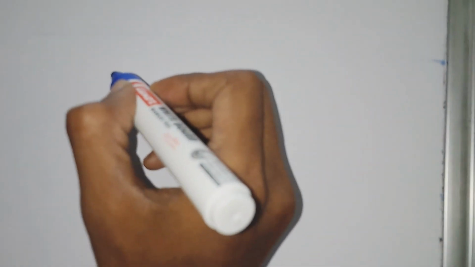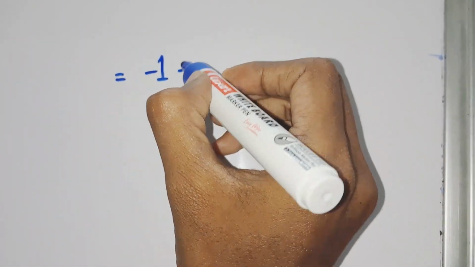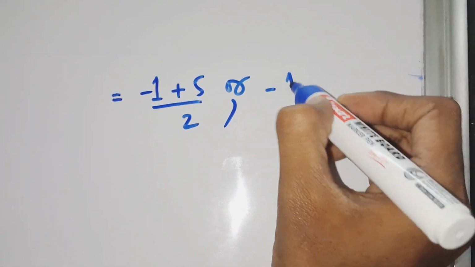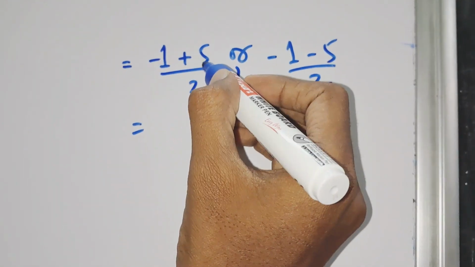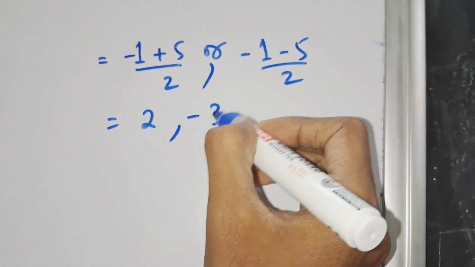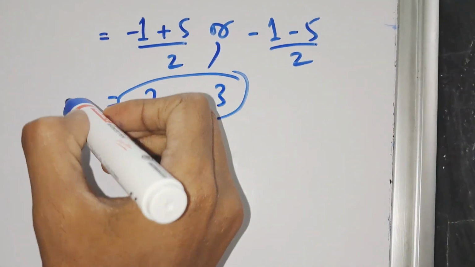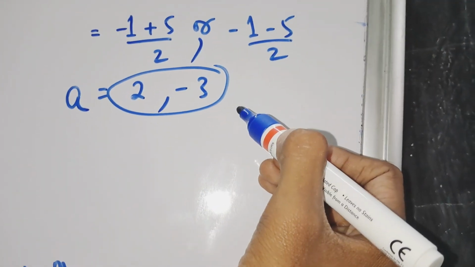From which we can write either minus 1 plus 5 divided by 2 or minus 1 minus 5 divided by 2, which can be also written as 4 divided by 2 is 2, and this is minus 3. So a is either 2 or minus 3.